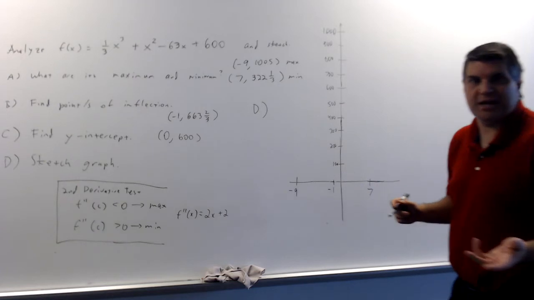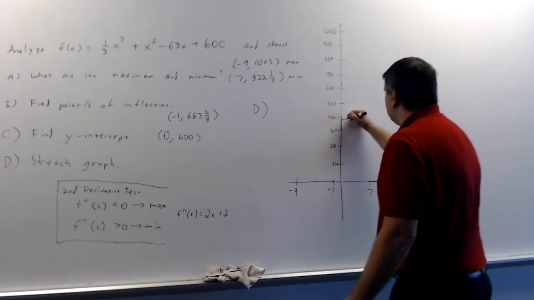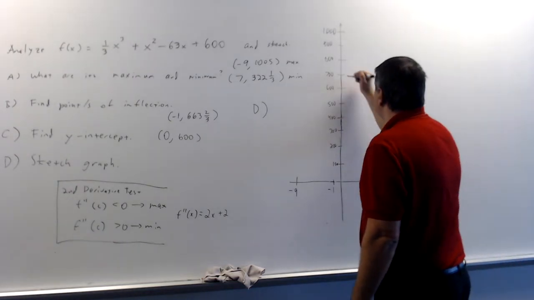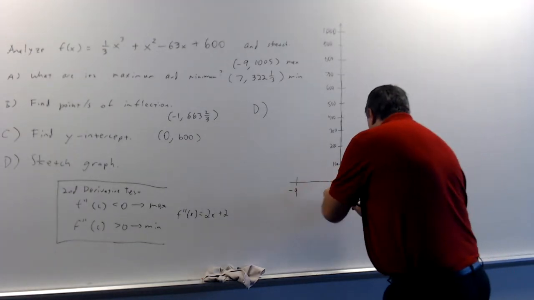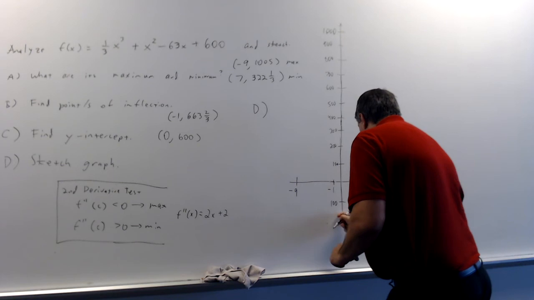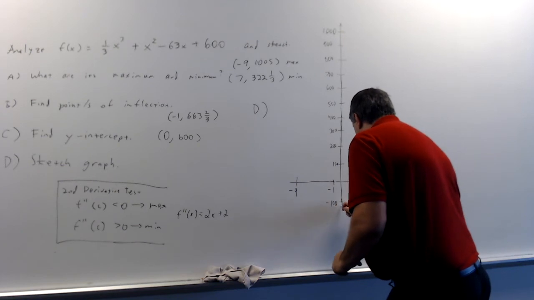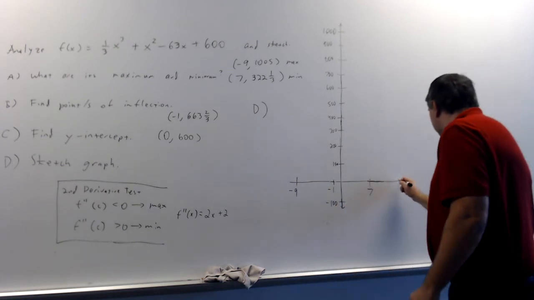Again, just do the best you can if you're using something that's unmeasured. Obviously, if you're given a grid, you'll want to be more precise. I'll go negative 100 for the sake of thoroughness as well, even though nothing goes down there.